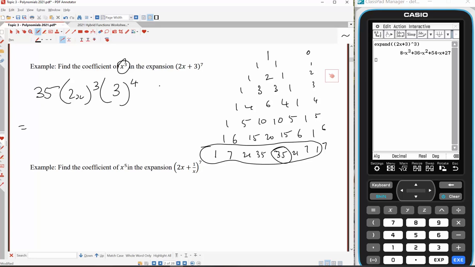Now 3 to the 4, 3 to the 3 is 27, 27 times 3 is 81. So I've got 81 multiplied by 2 to the 3, which is 8.